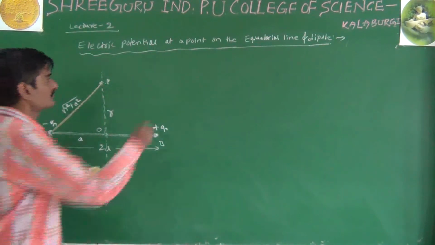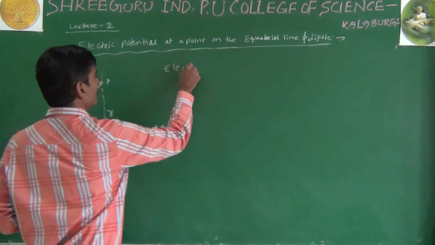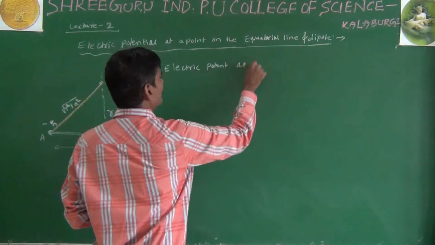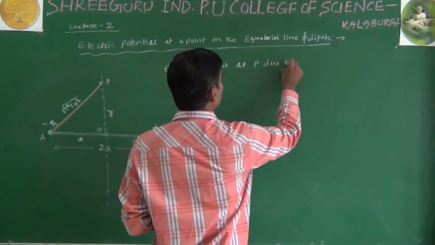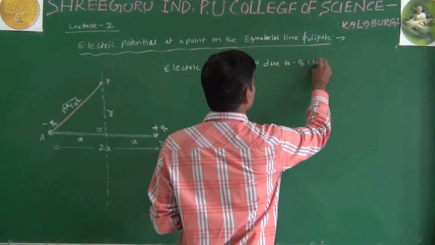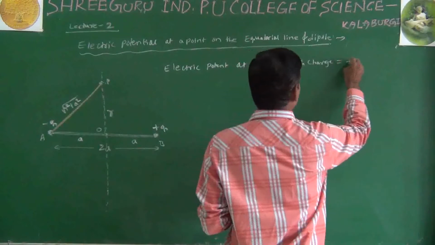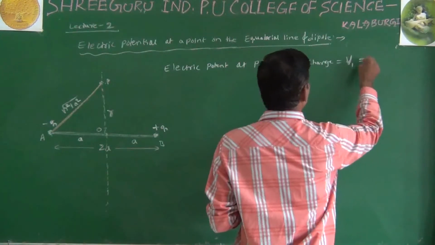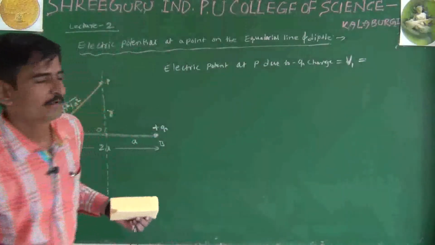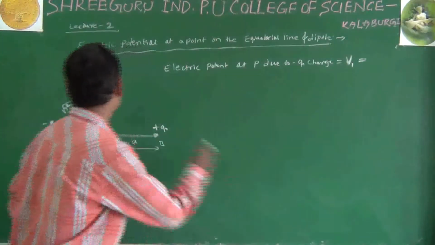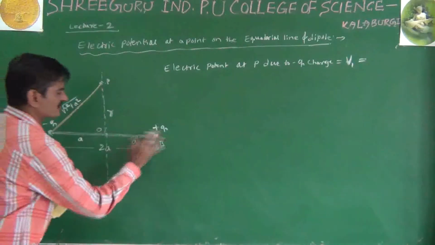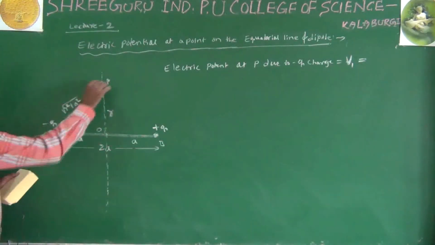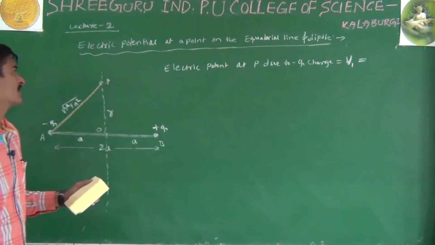Now the electric potential at P due to minus q charge, I write it as V1. Just think that only this one charge is there, and the plus q charge is not there. Only minus q charge is there. So what is the electric potential at the point P?